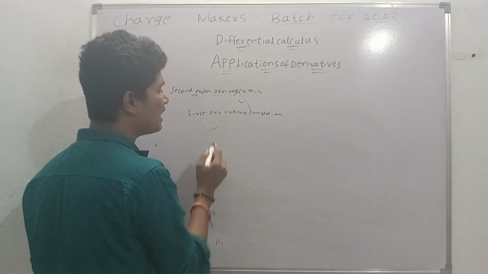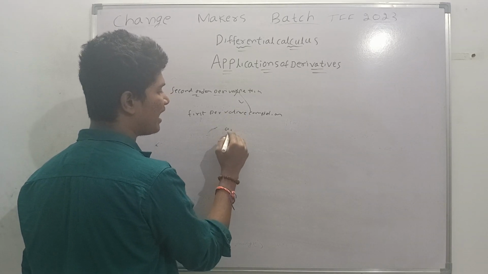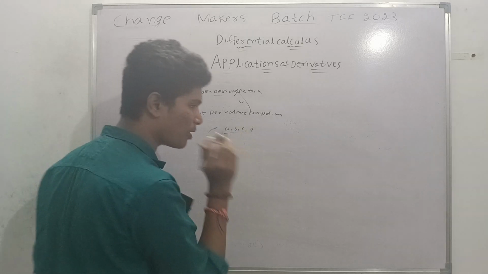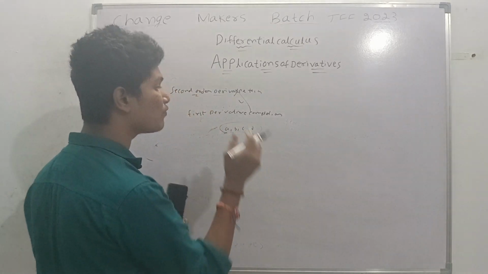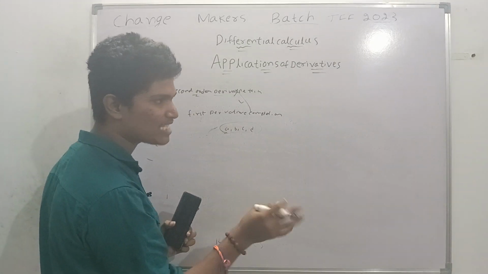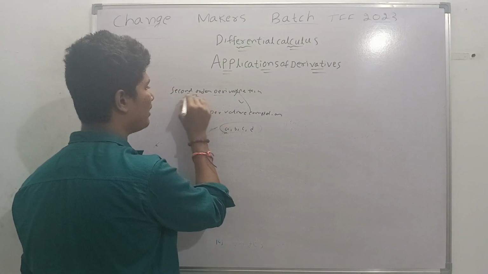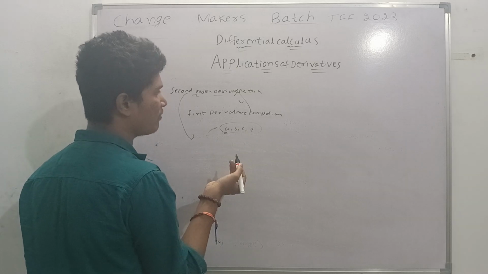Suppose we do the differentiation, that is f dash x, in the first derivative test, and we get 4 points, a, b, c, d. Now we have to say among these a, b, c, d, at what point the function is getting the minima, maxima. For that you have to do the double derivative test, that is the second order derivative test.